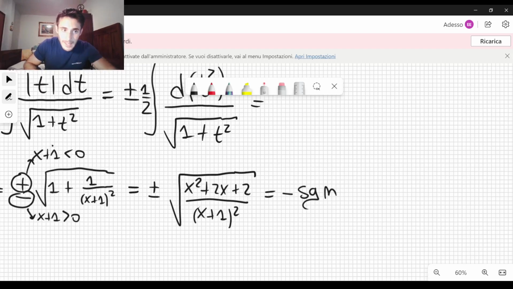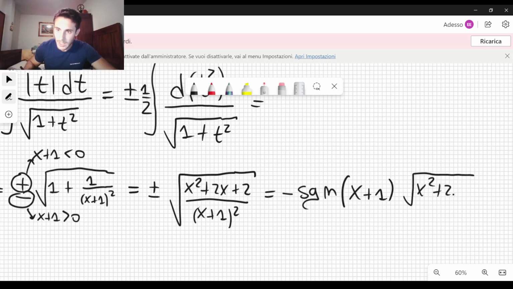We must get a negative sign if x plus 1 is negative. If the signum function of x plus 1 is positive, then we must put a minus sign, because if x plus 1 is negative, then we must get a plus. If x plus 1 is positive, the signum function is equal to 1, so we must put a minus here. Then I will have the square root of x squared plus 2x plus 2 divided by the absolute value of x plus 1.